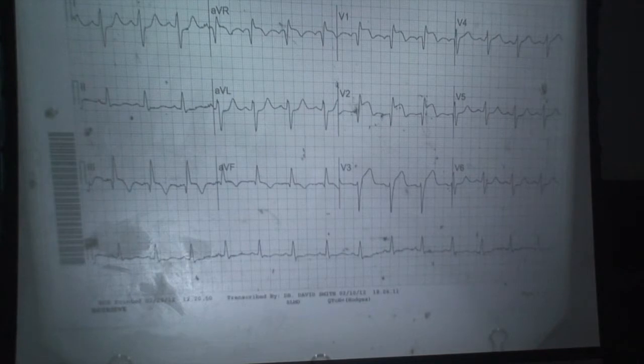Anterior septal. Large Q waves will be in lead 3. In lead 3. Yeah, it could. I don't think it involves the inferior part, though. I think it's anterior septal.